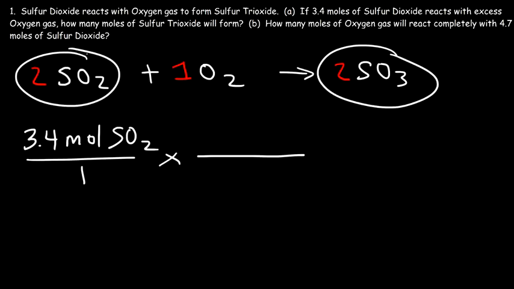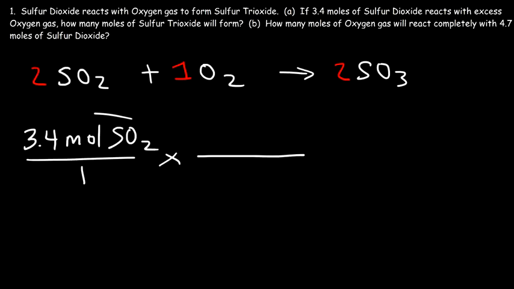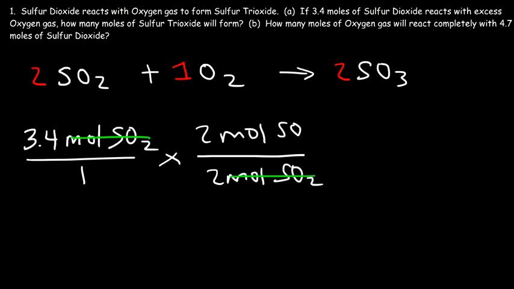So what this means is that for every 2 moles of sulfur dioxide that reacts, 2 moles of sulfur trioxide will be produced. Now, since we have moles of SO2 on the top left, we need to put that on the bottom right so that those units will cancel. And the other 2 moles of SO3, we could put that on top.